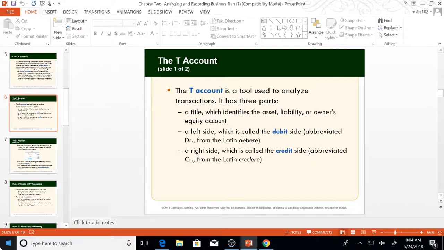And the right side is always the credit side, or CR. So these are the components of the T account.